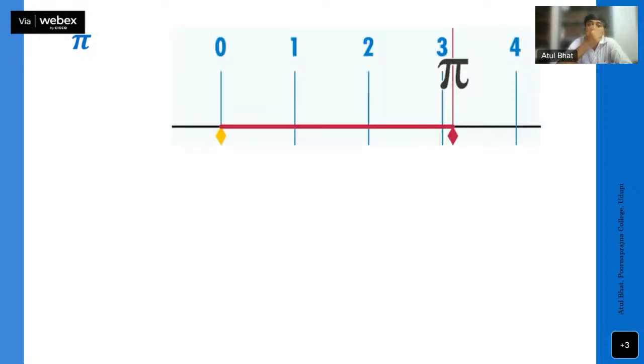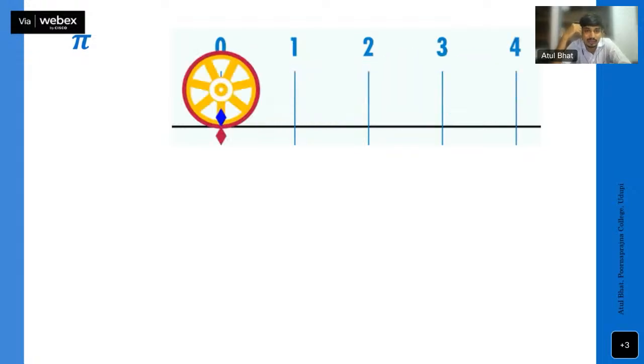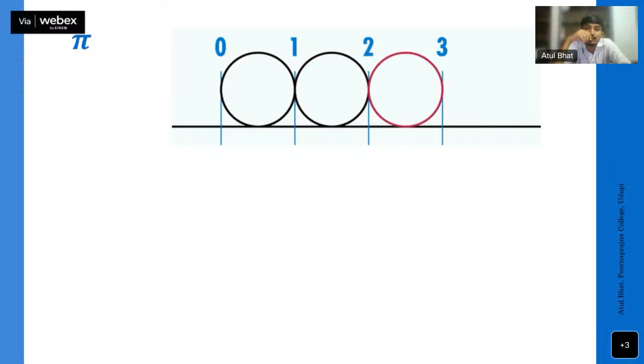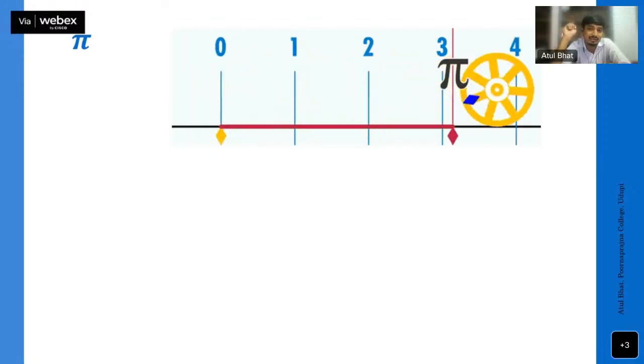So before we talk about rotational motion in detail, because I'm talking about rotation, I'm talking about circles. And when we talk about circles, pi is a very important quantity. So how do you define pi? You take a circle and its width, which is the diameter, and you basically put these circles next to each other of the same diameter. And then along this line or along this width that you've got, you trace how big is the circumference.